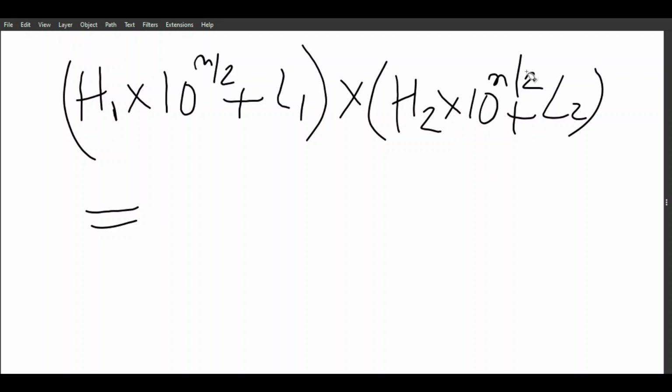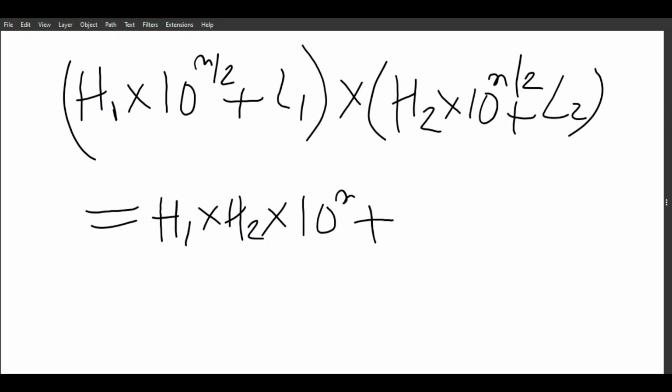Now we rearrange, we use a different expression, and the different expression that we use is written like this: h1 multiplied by h2 multiplied by 10 power n. So the high part we keep as it is, the low part also we keep as it is, L1 multiplied by L2.